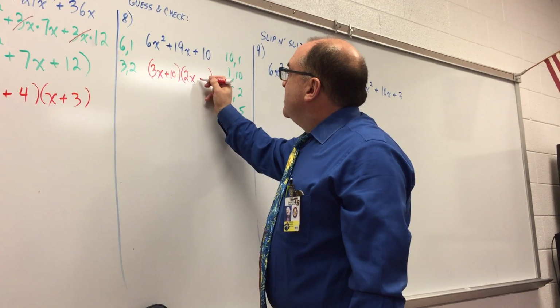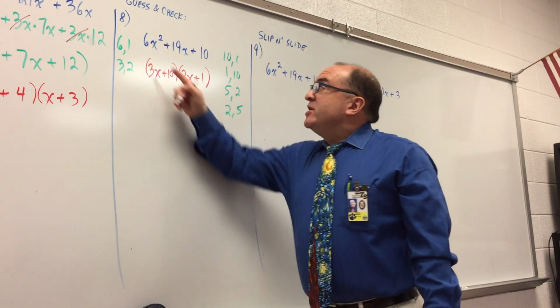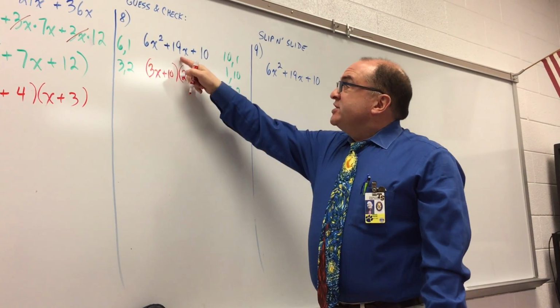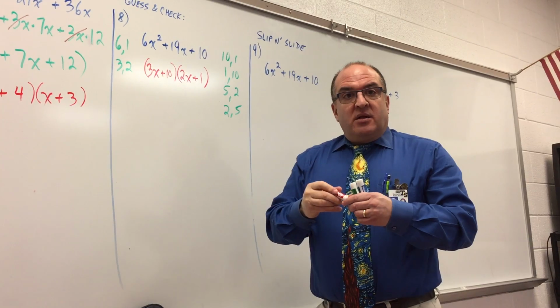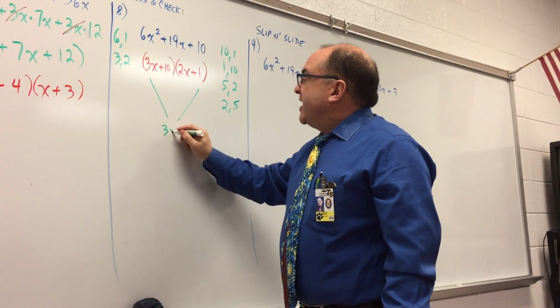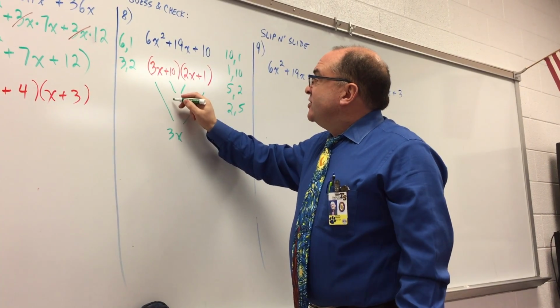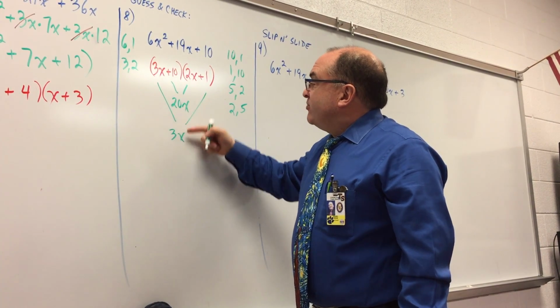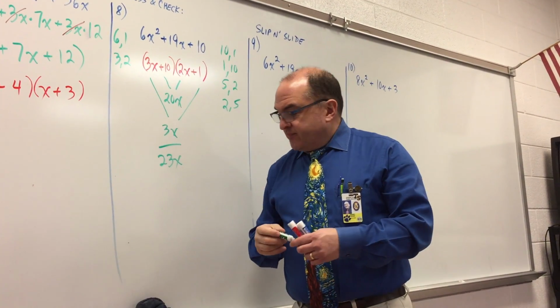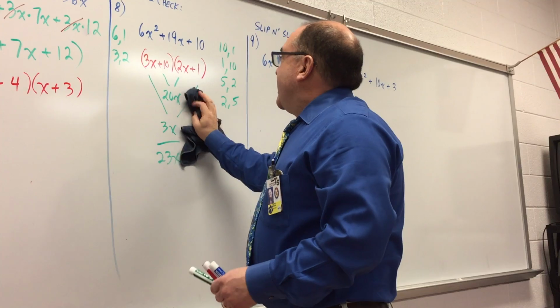Plus 10 plus 1. Now we know we made 6x squared, we know we made 10. But the question is, did we make 19 in the middle? Let's see, the outer and the inner. 3x times 1 is 3x. 10 times 2 is 20x. 20 plus 3 is 23x. Oh, that didn't work. So let's try again.